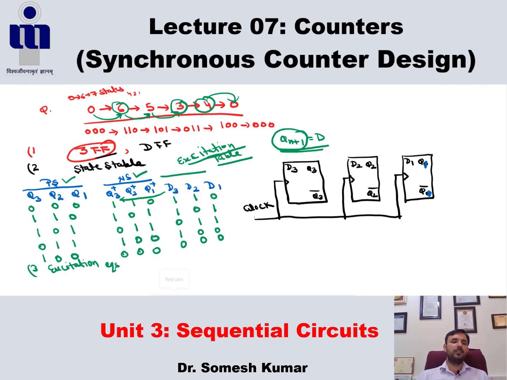You know, D3 is what? D3 is equal to, this is Q1 bar, Q2 bar, Q3 bar, plus Q3, Q2, Q1 bar, plus Q3 bar, Q2, Q1.